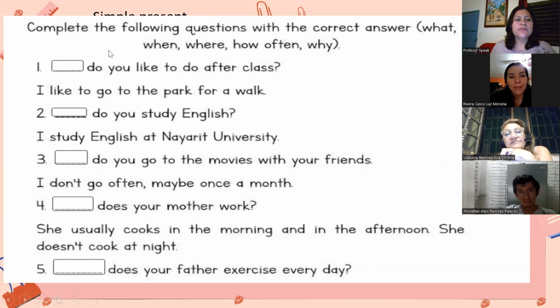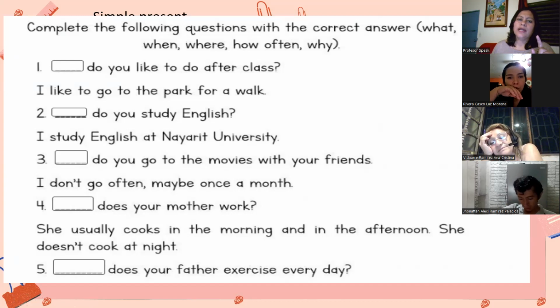Okay, so it says, complete the following questions with the correct answer. And you can put when, where, how often, why, and what. Okay, for example, number 1, do you like to do after class? What do you think is the correct WH word?